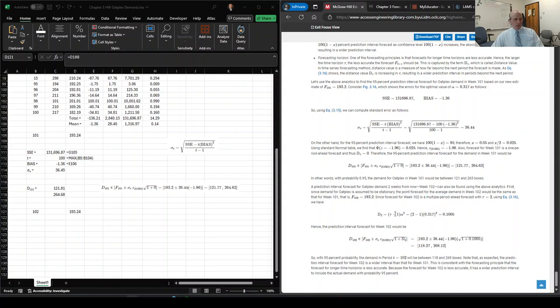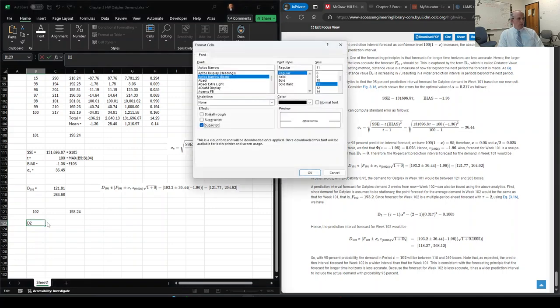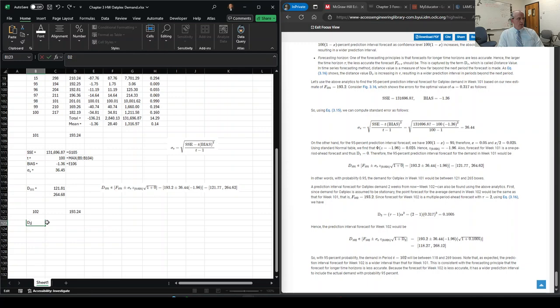The way we're going to calculate this is we need a D2. And what's our D2? We can calculate that by looking at this equation here. So that's going to be equal to 2 minus 1 times the alpha.